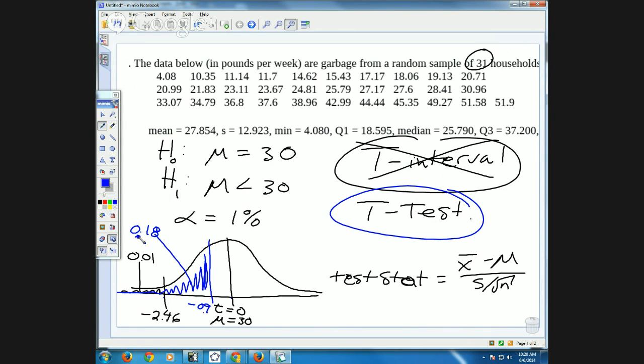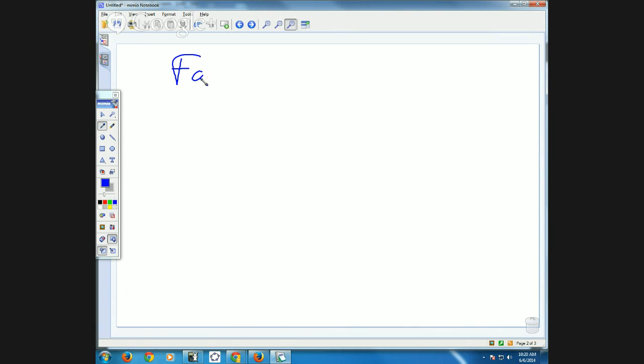So can I reject the null? Is 27.854 significantly less than 30? No, it is not. It's close enough that if somebody said the actual mean of the population is probably about 30, we can say, based on our data, yeah, we can't refute that. We fail to reject the null here, correct? So fail to reject the null. Okay, which means we cannot accept that the mean garbage in a household per week is less than 30.